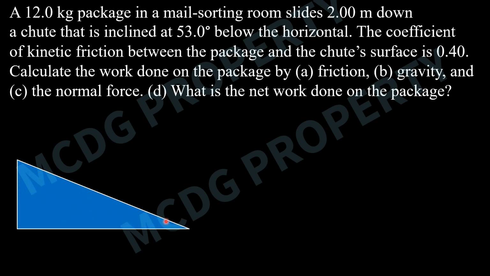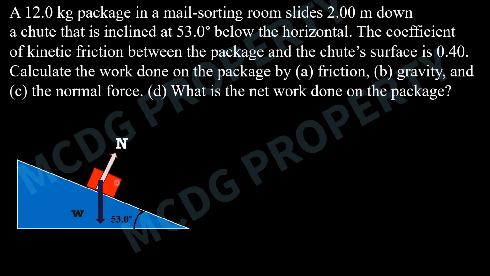So here is the diagram of the problem. The angle of inclination of the chute is 53 degrees. And the package slides 2 meters down the surface. As it slides down the surface, the following are the forces acting on the package. You have the normal force, the force exerted by the surface on the package, and it is perpendicular to the surface.